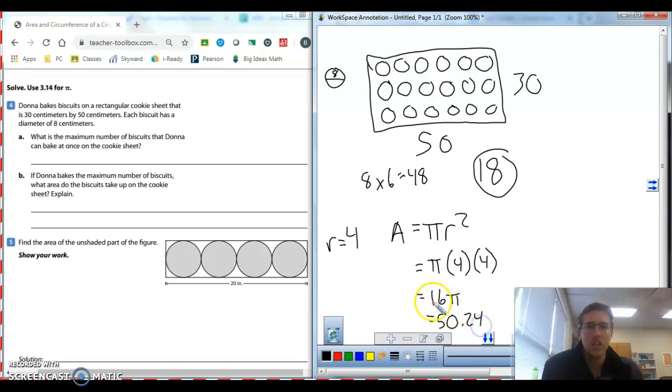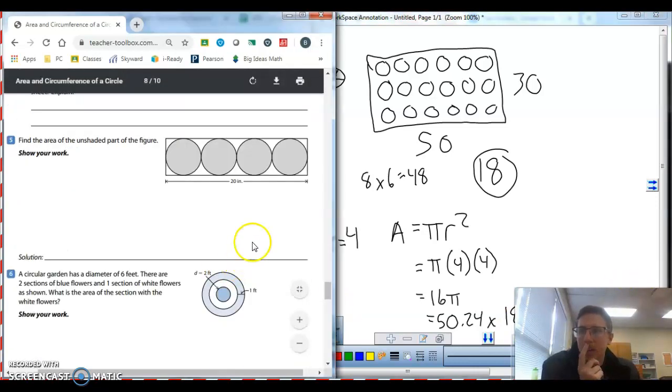Now, again, that's just one, right? That's one biscuit, 50.24. How many do we have? We've got 18 of them. So now you've got to take that 50.24 times all the biscuits, 18 of them, and you get 904.32. And that would be centimeters squared, because it's area. Okay?